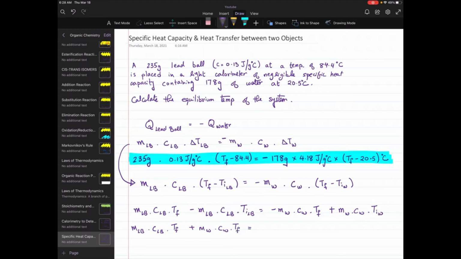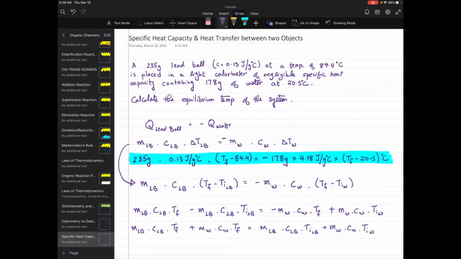TF, and I'm going to take the lead ball's initial temperature component and take it to the right hand side, and it becomes M of LB, C of LB, Ti of LB, and then M of water, C of water, T initial of water.